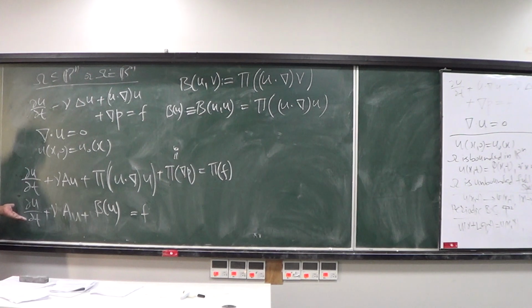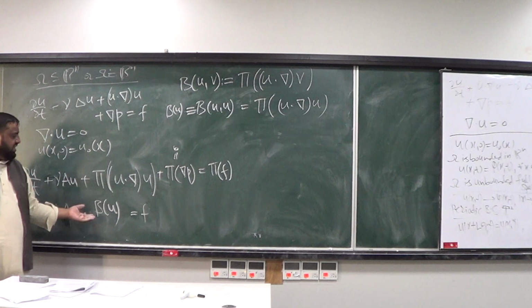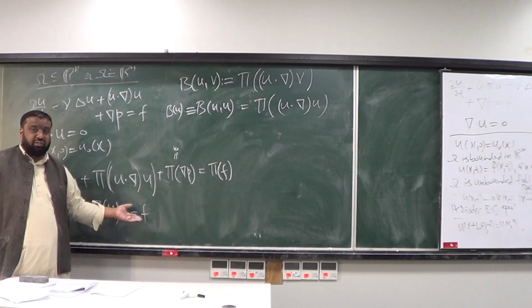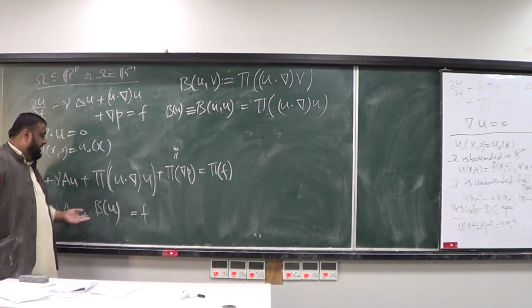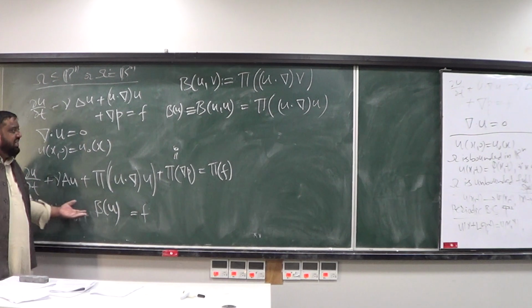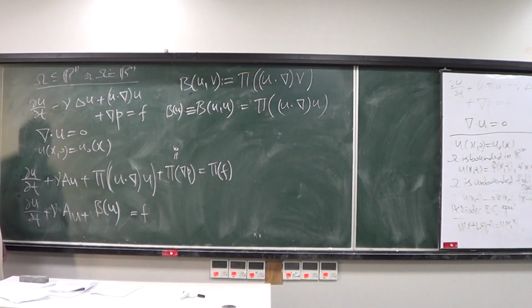I have partial u by partial t, a linear operator, a nonlinearity in u, and a forcing factor. So it's a kind of evolution equation that we have seen already.